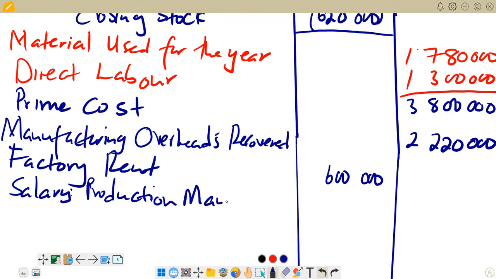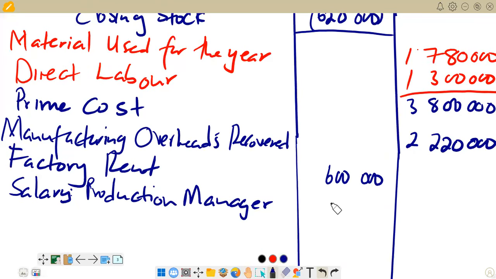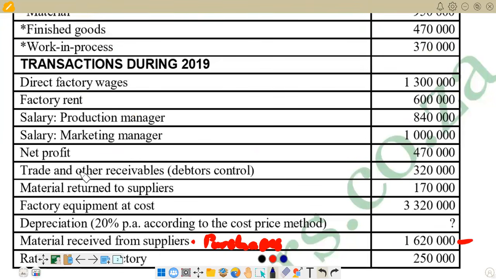Let's just verify the amount that we have there. It's 840,000. So we come back and put that figure, 840,000. Right. We go item by item as we go down to check all the overheads that we have.